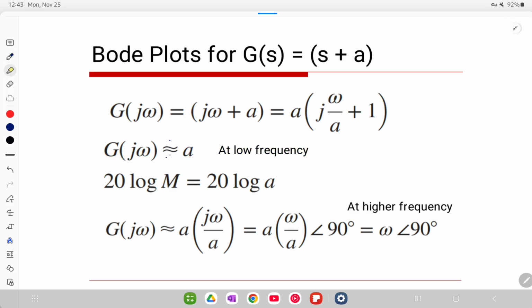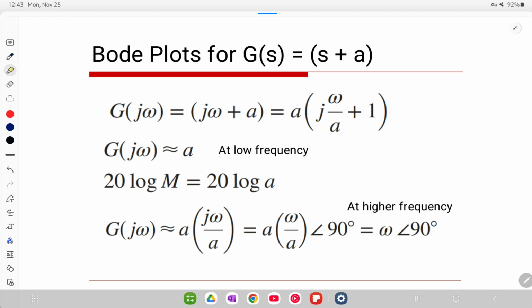So the magnitude of this is 20 log M. Magnitude will be the absolute value of it, and that happened to be A. So you replace M with A: 20 log A. Now let's look at what will happen to phase.